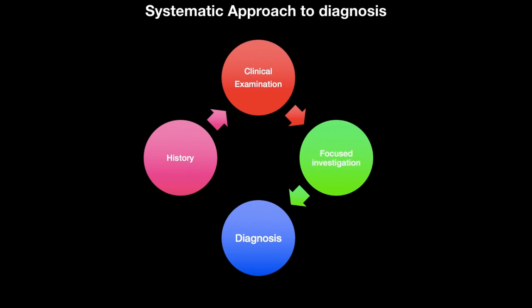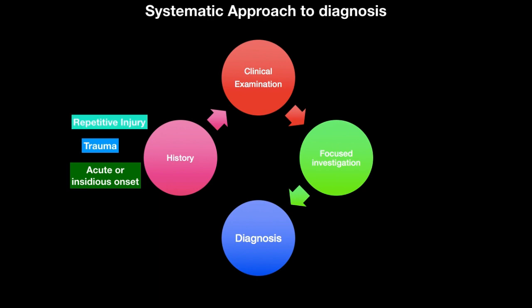The history is very important to make a diagnosis, and in history, it is important to identify whether it is an acute onset or an insidious onset. Either the pain is associated with trauma or it is associated with repetitive injury, which the patient may have just neglected as a cause of shoulder pain.